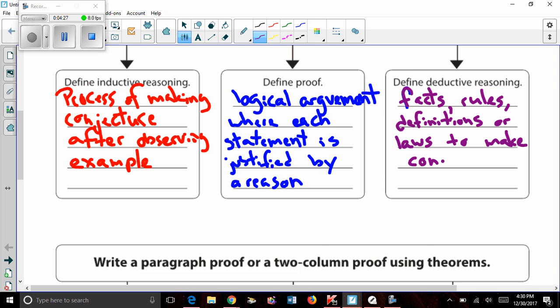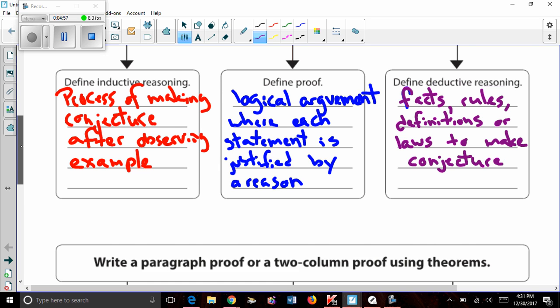And deductive reasoning is what we are going to focus on for this lesson, because we're going to use some of the rules and definitions we learned previously, as well as just our simple rules for solving an equation to create some proofs using some geometrical figures.